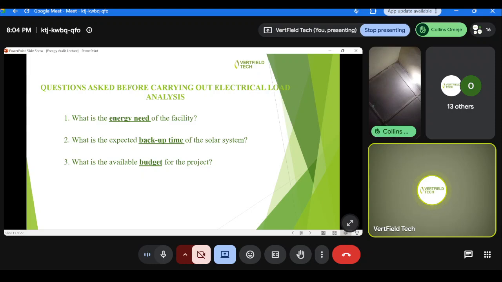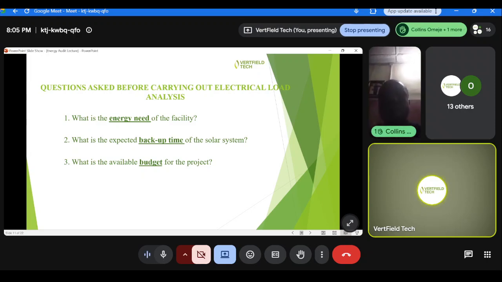Questions to be asked before carrying out electrical load analysis. There are critical questions that must be asked before you can carry out electrical load analysis on any facility.